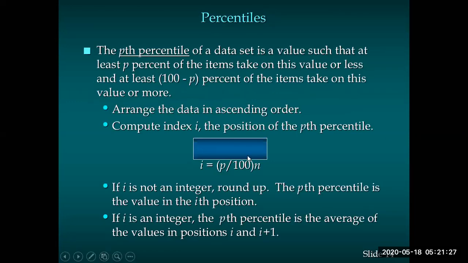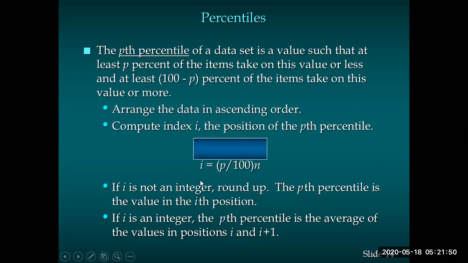So percentile, again, using the same rule, we can identify percentiles. And you can see this rule is explained here. If i is not an integer, round up. And if i is an integer, then take the average of that value and the next number. So this is what I already explained to you. Data should be in ascending order.